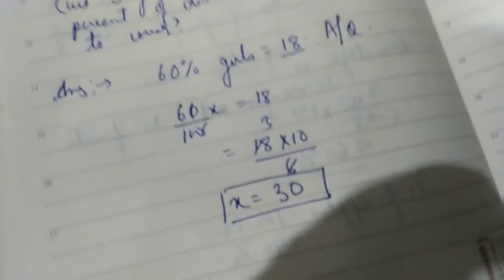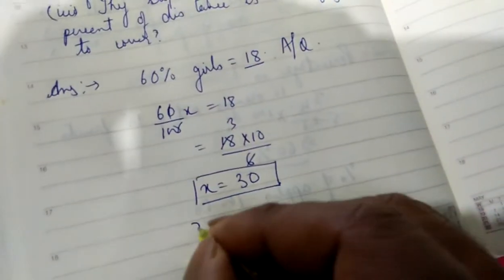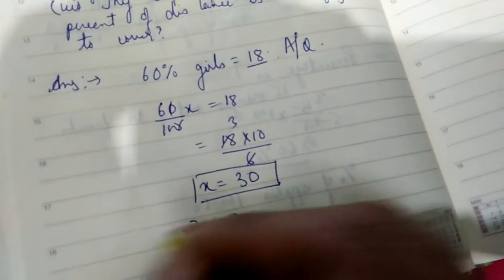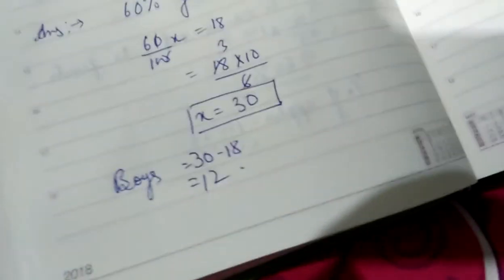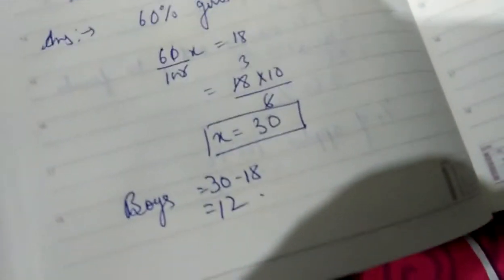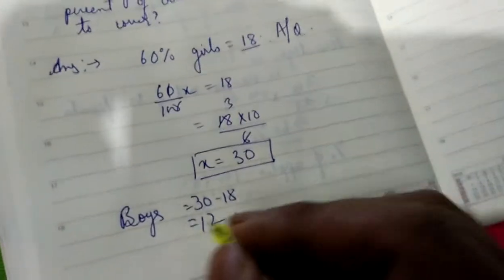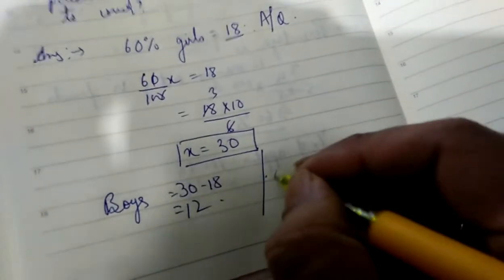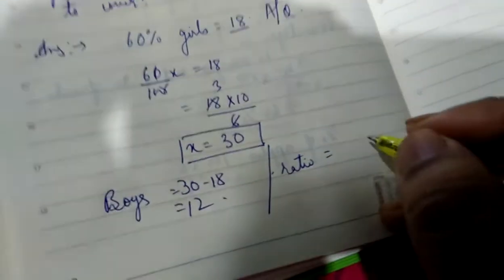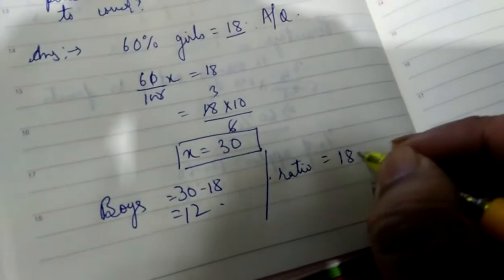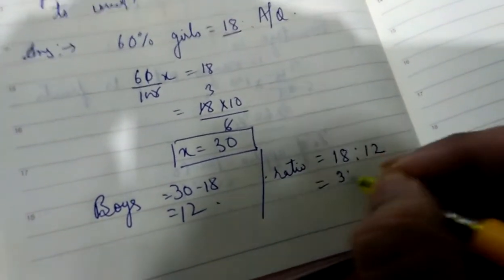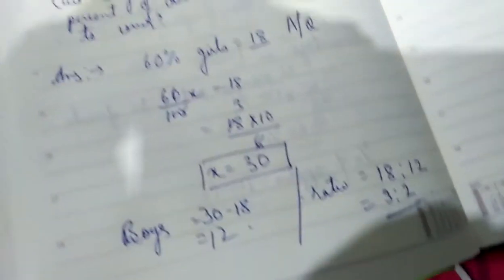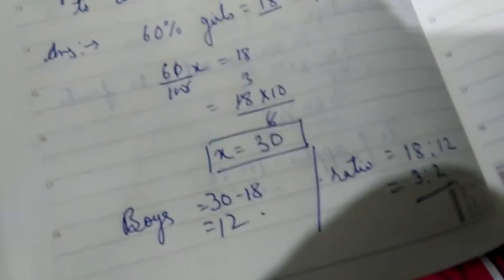Now 18 of them are girls, so 30 minus 18 is equal to the number of boys is equal to 12. Okay, so we have to find the ratio of the number of girls to the number of boys. So the ratio is going to be, number of girls is 18 to number of boys is 12, which when broken down is going to be 3:2. Okay, so this is going to be the answer of the first question.